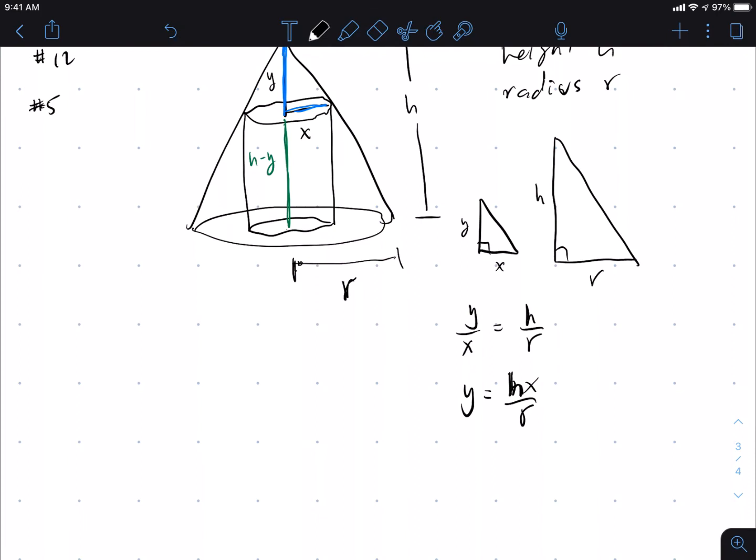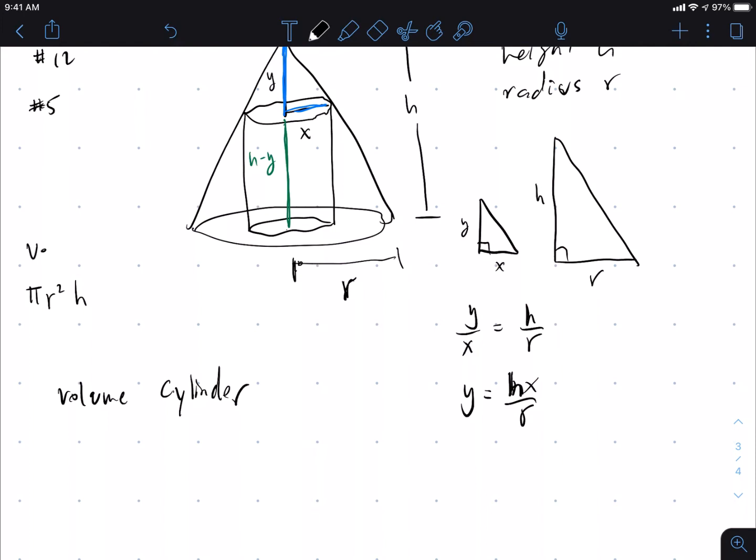So one of the things that we need to know is the volume of our cylinder. So the volume of the cylinder is what? Do you guys remember volume of a cylinder? So I'll do the general. So volume of a cylinder is pi r squared h. Agreed?